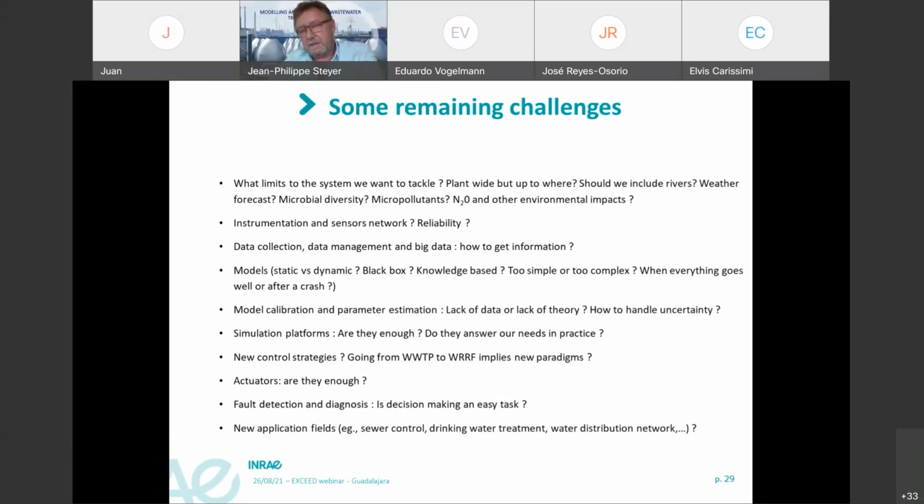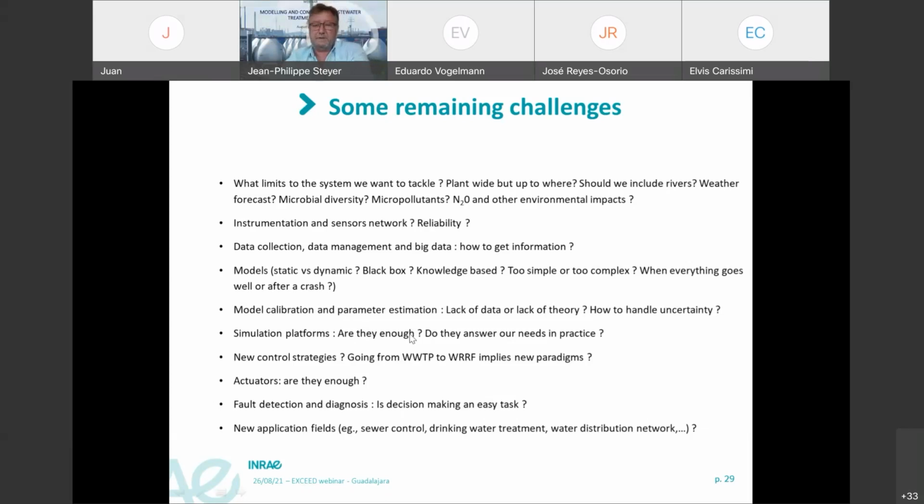Because if you have a crash in a wastewater treatment plant, it will take a few months before you can restart the plant. And what do you do for a few months without any treatment? Does it go directly to the river? So models being able to tell you what to do when everything goes wrong should be very useful. That's one point I'm really pushing forward.